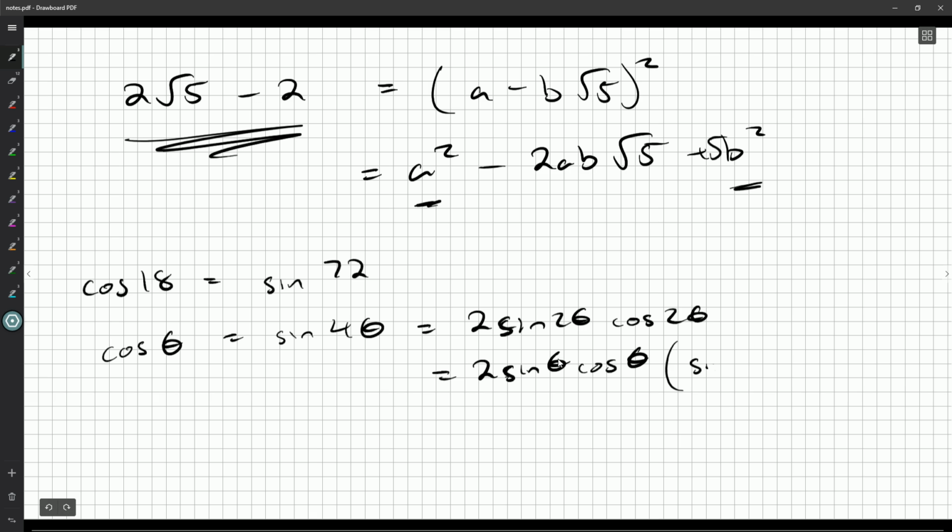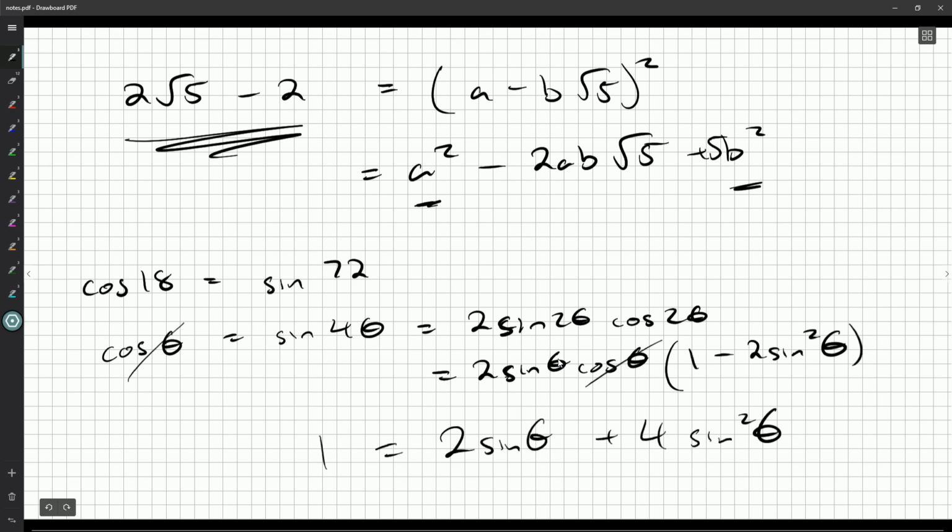And then divide by cos theta on both sides or something like that. Well, there's the same expression I had earlier. Why can't I get one with cos theta?